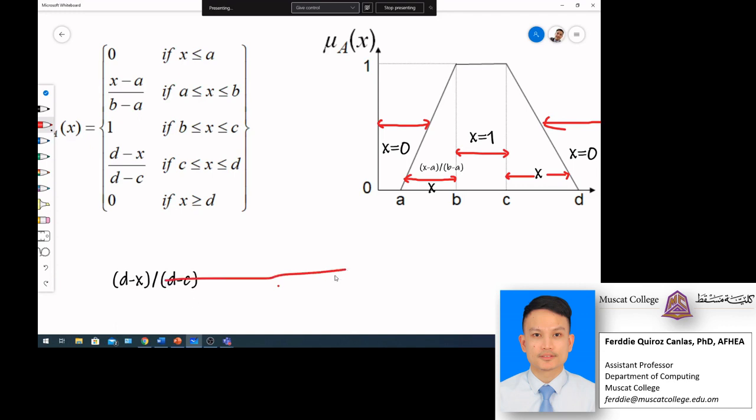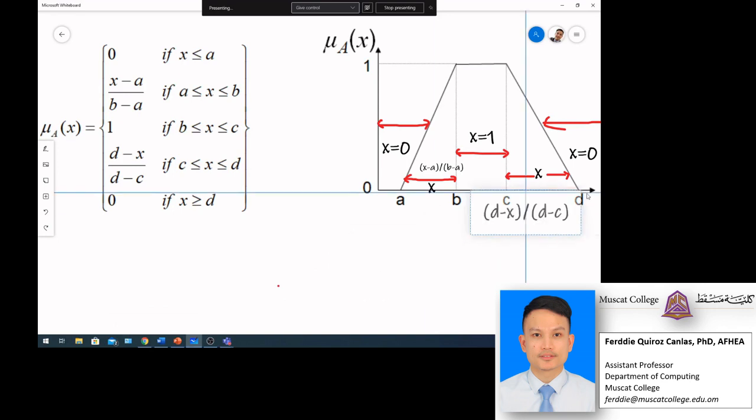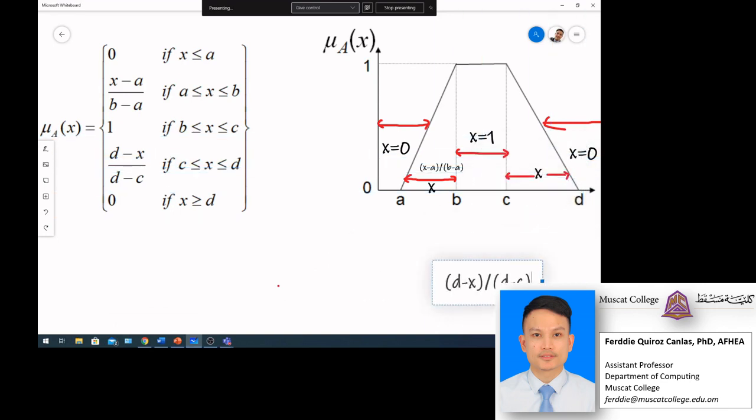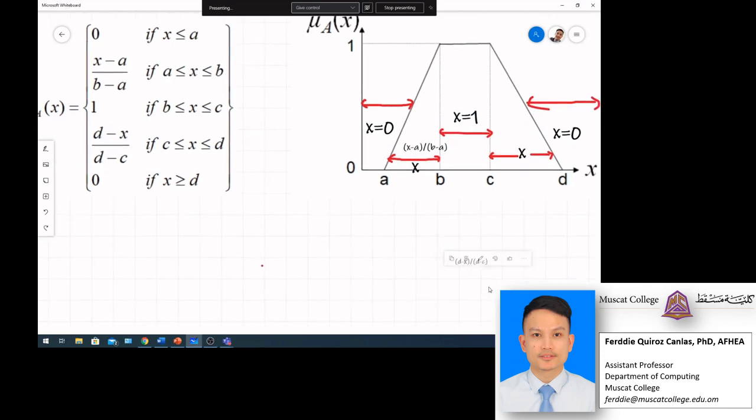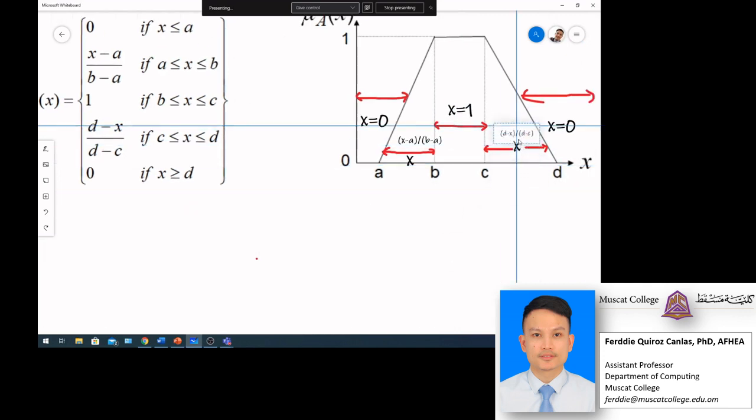So we have to place it, Control Z, we have to place it somewhere here. Let me just resize it.